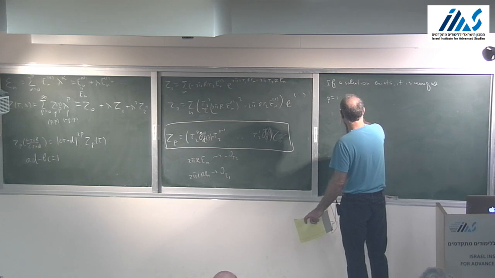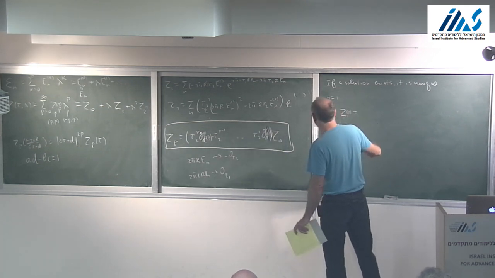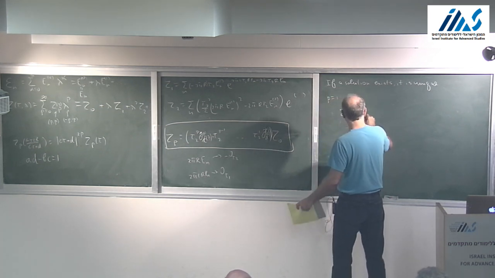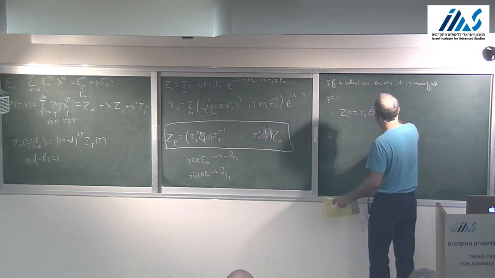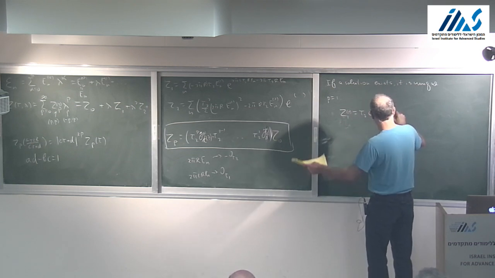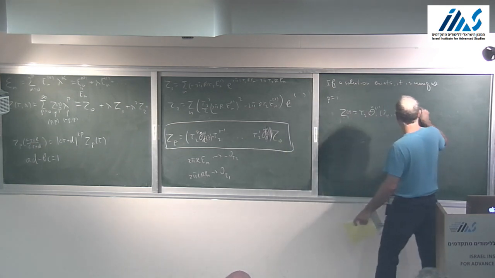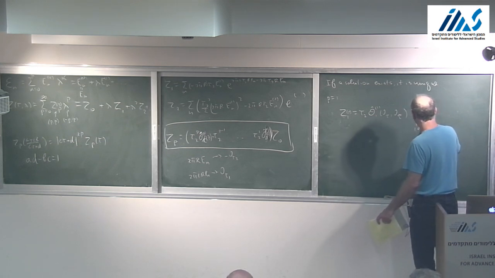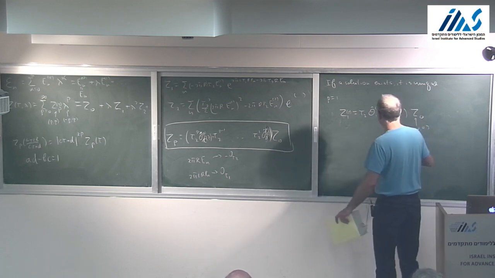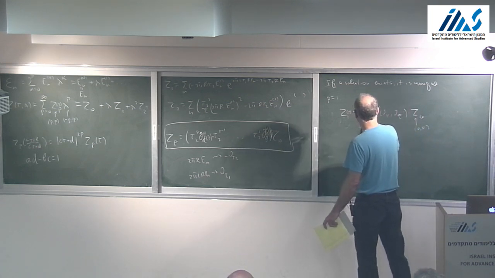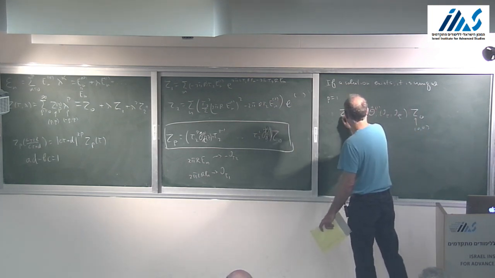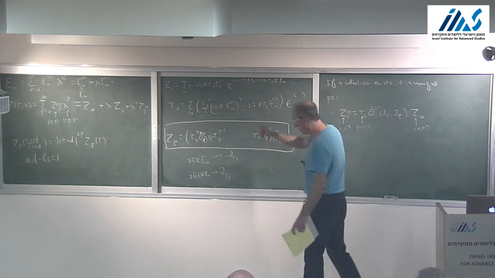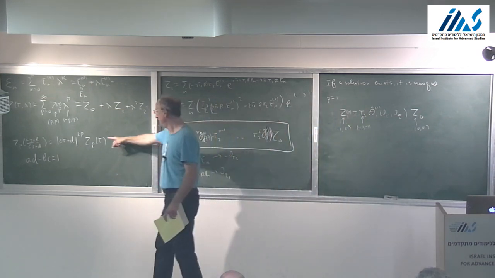So Z_1 of tau is, from here, tau_2 times some operator that I called in this notation like this, acting on Z_0. So this is a modular invariant. It's a form of weight (0,0). This is (-1,-1). This is (1,1) from here.